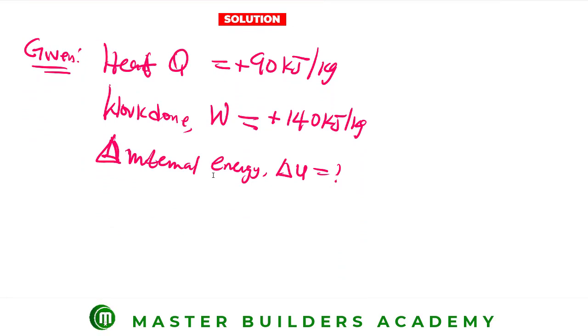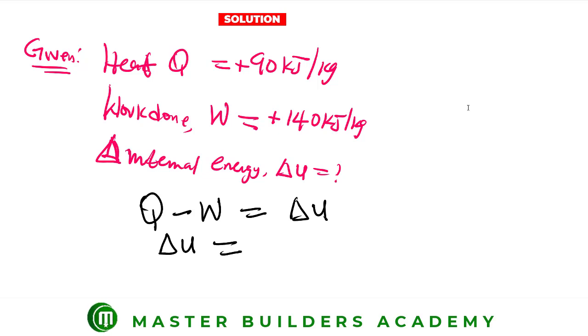These are the three parameters we have in this question. All we need to do now is to find a relationship that connects these three variables. That is the equation from the first law of thermodynamics: Q minus W, where W is work done, is equal to change in internal energy. Because we are looking for change in internal energy, we make it the subject of the formula: Q minus work done.